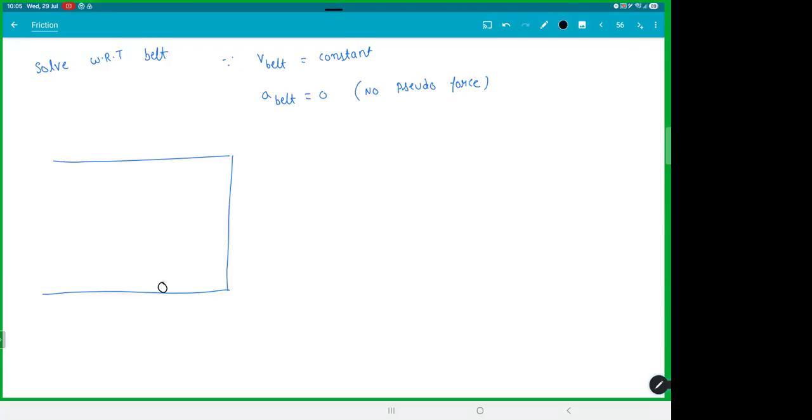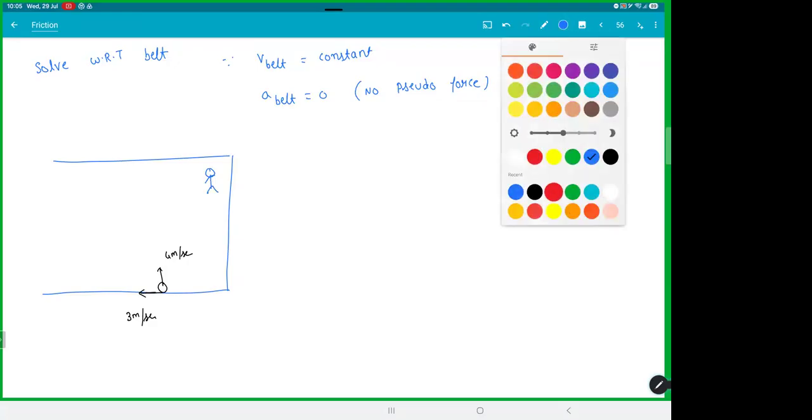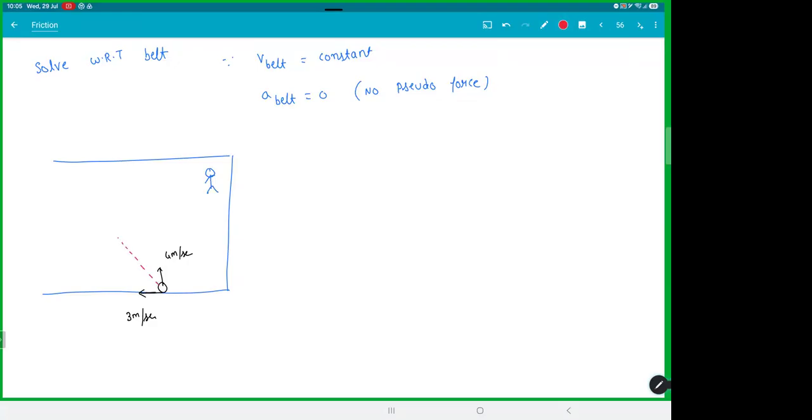This coin will think I'm going up with 4 meters per second, and I'm also going left side with 3 meters per second. This is what a person standing on the belt will think. So he will think you're going in this direction with 5 meters per second. That's your initial velocity.